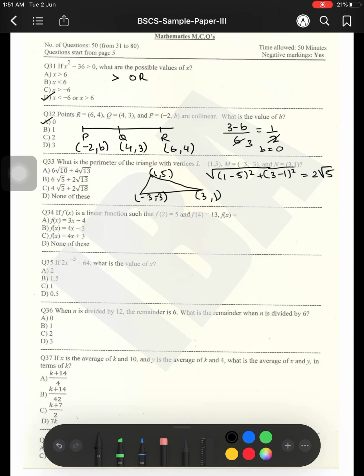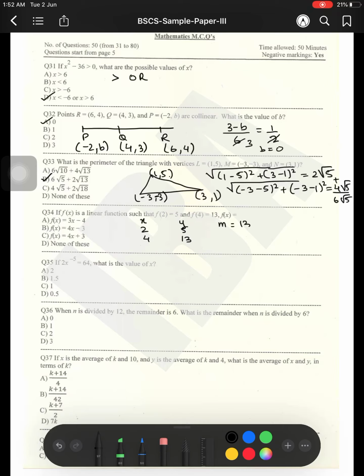Then we're going to find the distance of (1, 5) and (-3, -3). So (-3 minus 1) square plus (-3 minus 5) square, which is 4 root 5. 4 root 5 plus 2 root 5 is 6 root 5. That is option B.